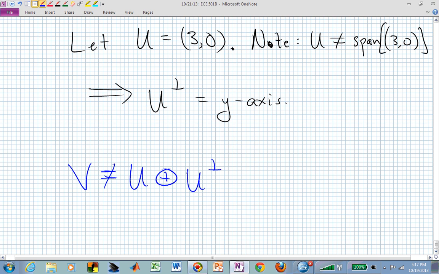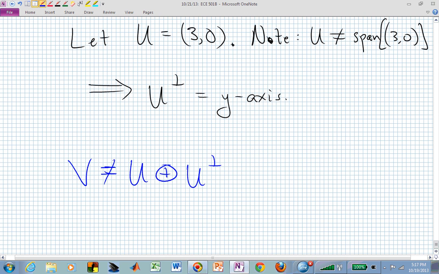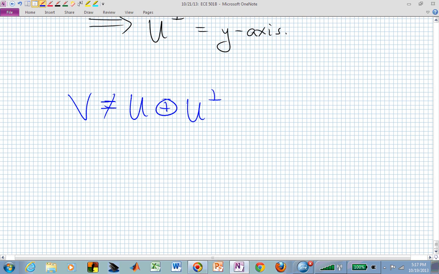We can't build everything up out of that combination. Mainly U is not really even a subspace, so this direct sum doesn't make any sense. And if we take this vector and find its orthogonal complement, we get the y-axis. We find the orthogonal complement of the y-axis, which is the x-axis. That's not equal to just that single vector U.